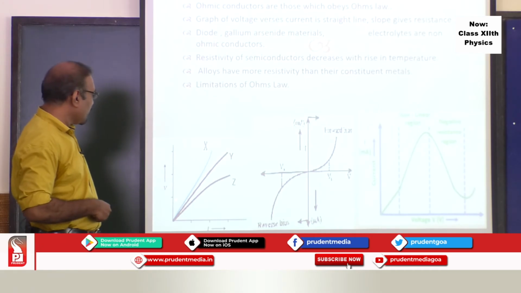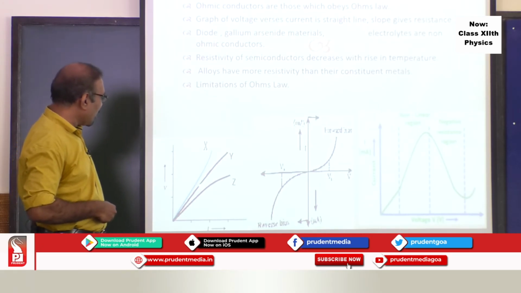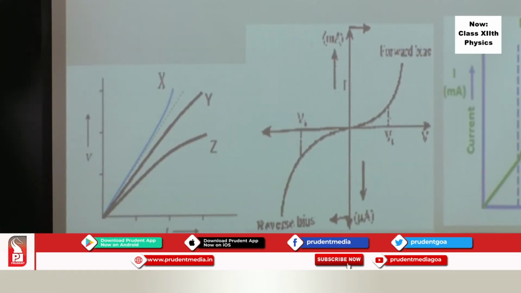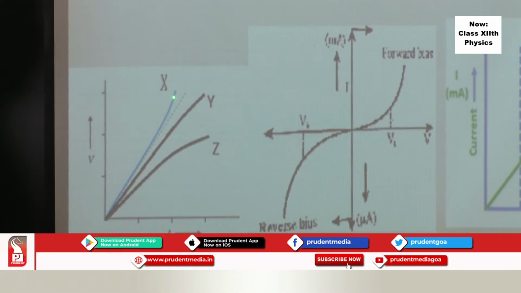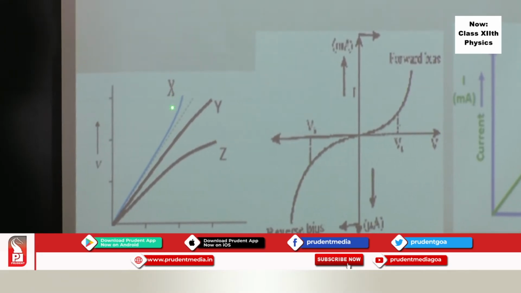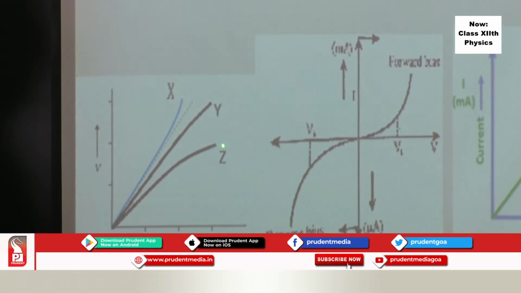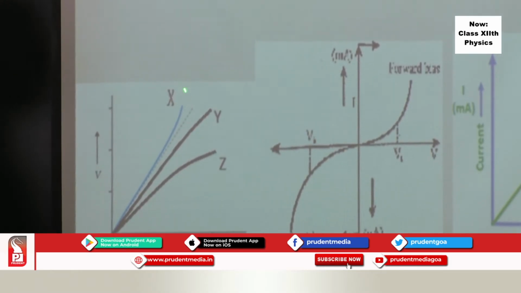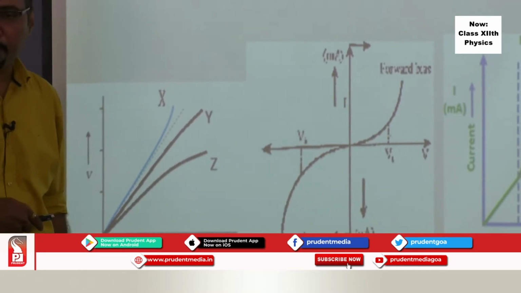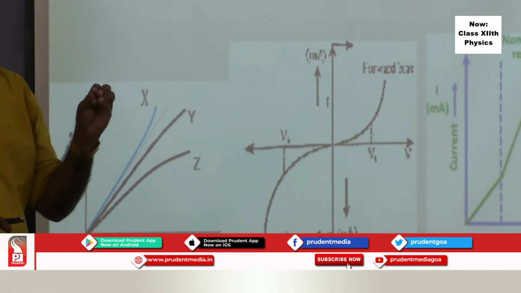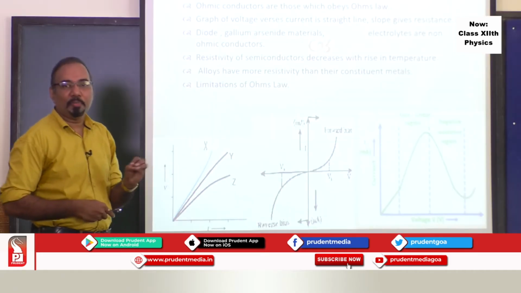Now, here if you see this particular graph, this dotted line means a perfect conductor obeying Ohm's law. And this X is any other conductor. Y and Z are more or less deviating from the standard one. You can easily say that X is the best ohmic conductor compared to Y and Z. And at higher temperature, if you see, they are deviating away from the linear graph. What is the reason behind that? The reason goes back to resistance of a conductor depending on temperature.